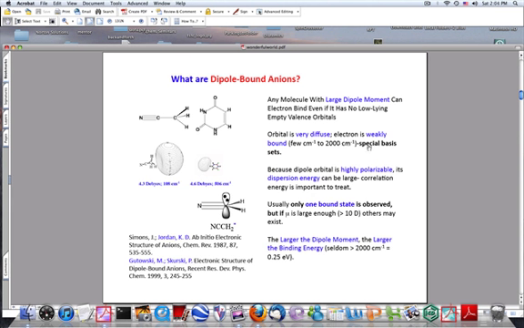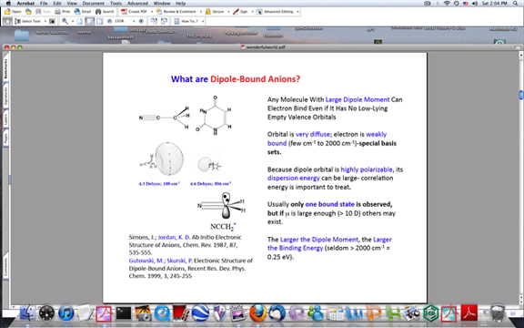Now, because of that, their treatment theoretically requires specialized basis sets, which our group and others have been involved in developing. Very diffuse basis functions that are not centered necessarily on the atoms of the molecule. Another issue here is because this dipole orbital is big and fluffy and diffuse, it's highly polarizable.